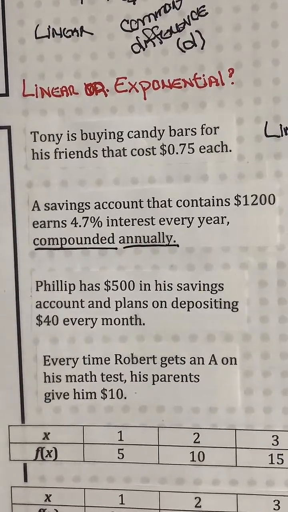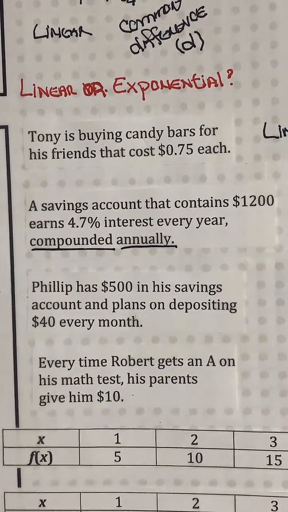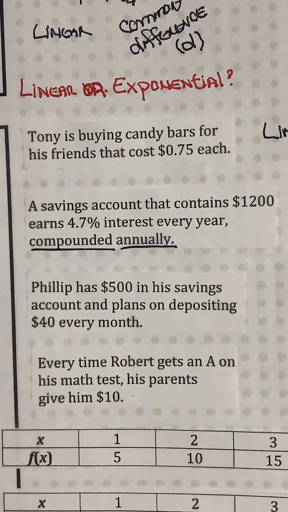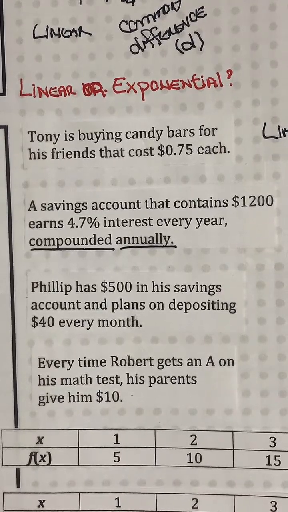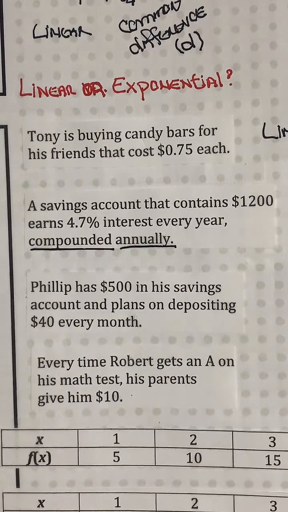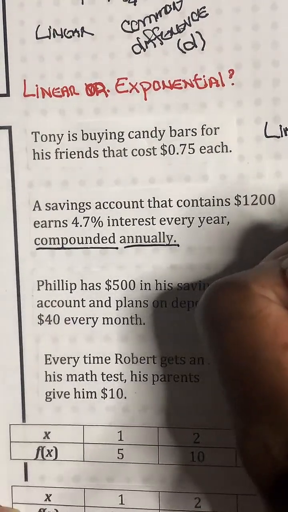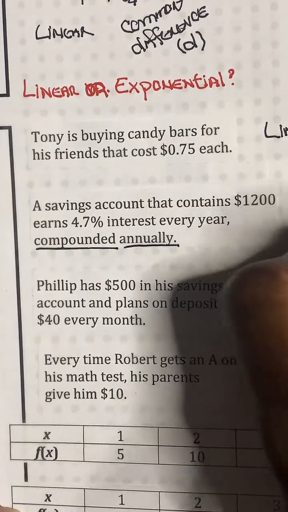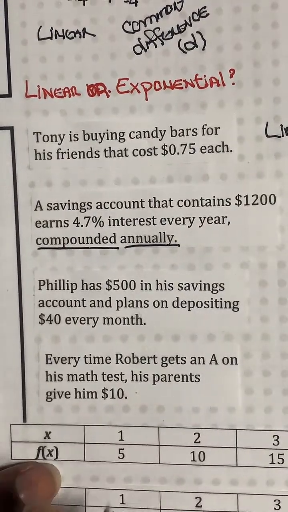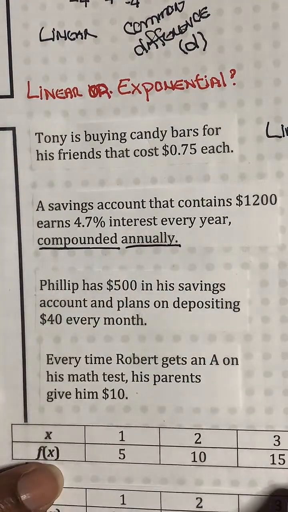But over time, anything that jingles can turn into something that folds. Give it some time and space and the right nutrients and platforms for it to grow. So this will be exponential, or expo for short. And basically the rate is going to be our common ratio.